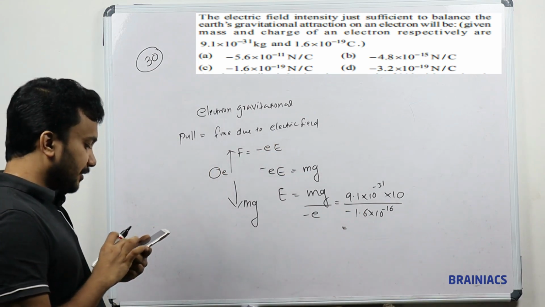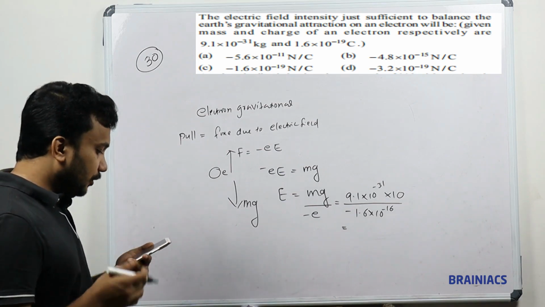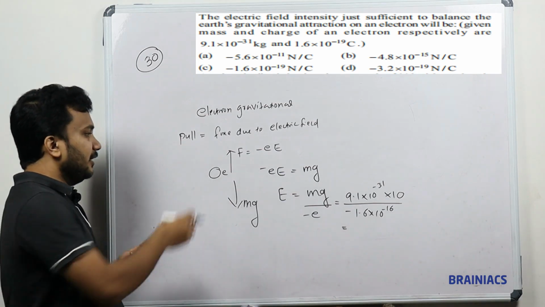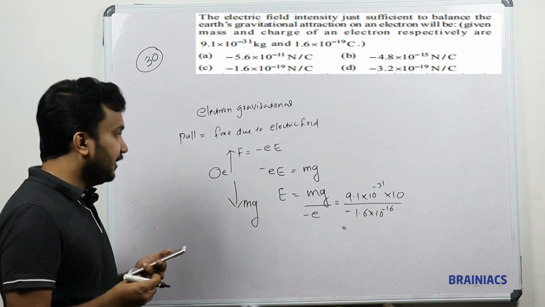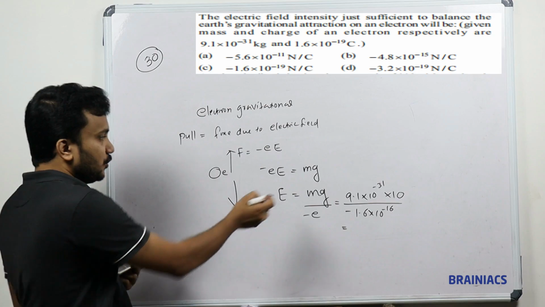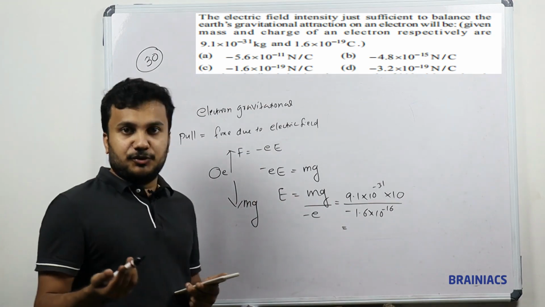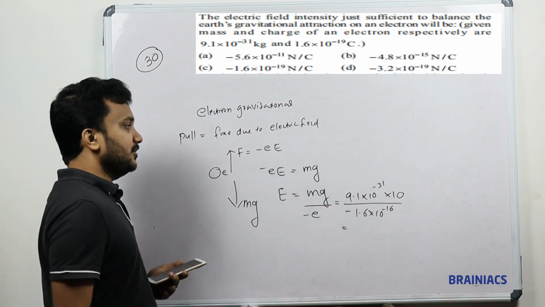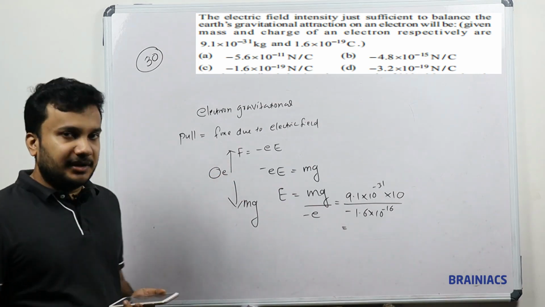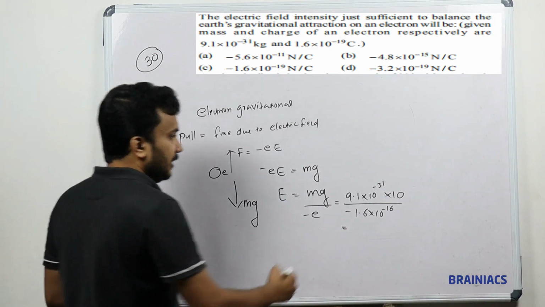Here the electronic charge has to be taken negative. The g value is 9.8 of course, but while solving from an entrance point of view, you can take it as 10.